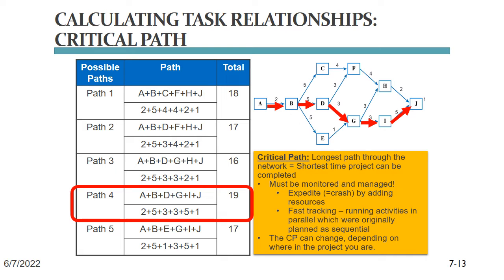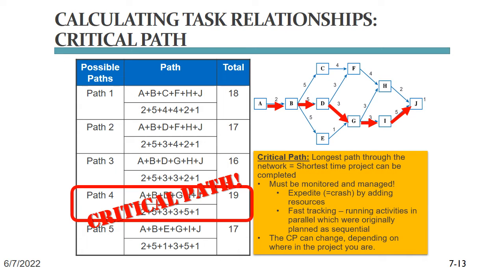That is the longest path through our network. We call this the critical path, because if none of the tasks on it change their duration, that is the minimum of time we need to get the project completed. If any of the tasks on this critical path are late, the entire project will be late.